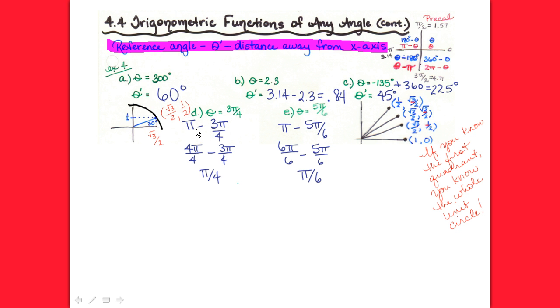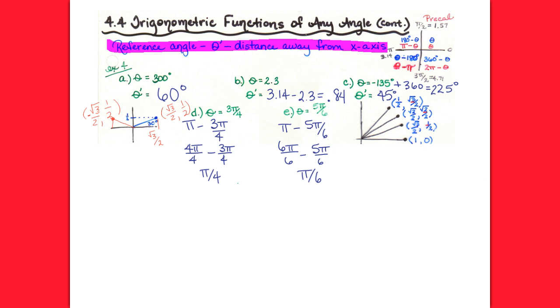If I take that triangle and reflect it across the y-axis, I get the exact same triangle. It has the exact same lengths. It's just going in a different direction. So that's why x is still the square root of 3 over 2. It's negative because it's going in the opposite direction, but the length is the same, and that's why y is still 1/2. Take it and reflect it into the third quadrant. Exact same values.